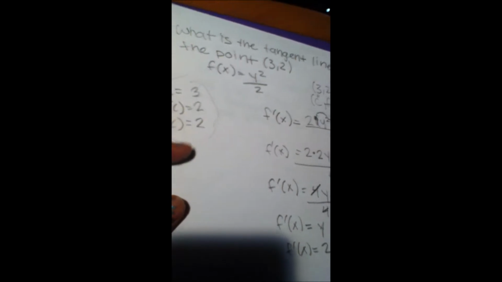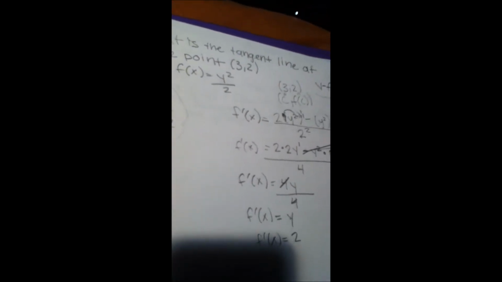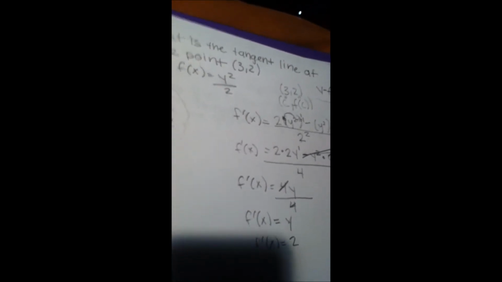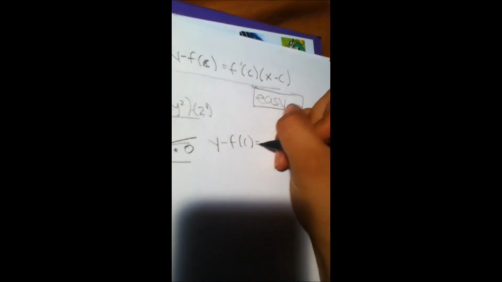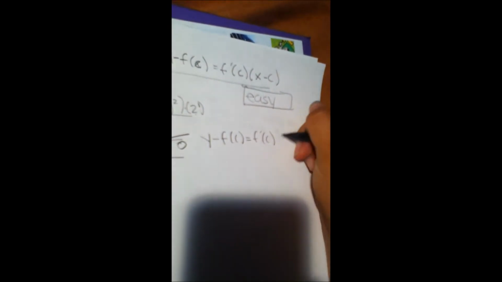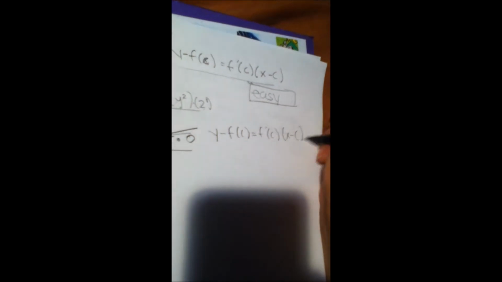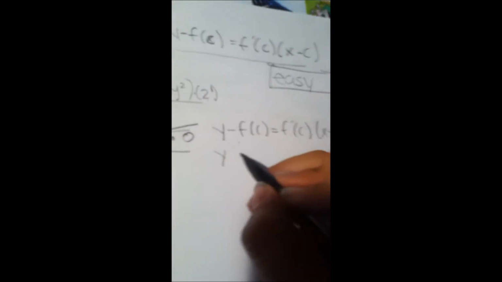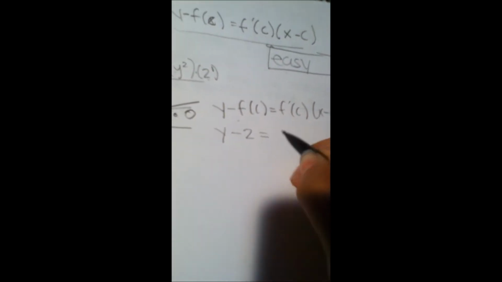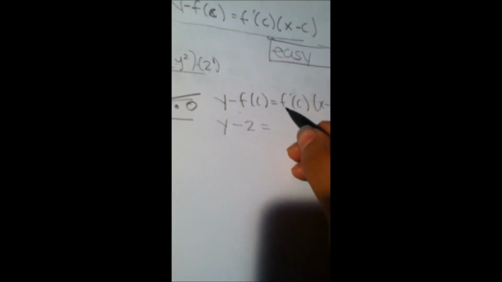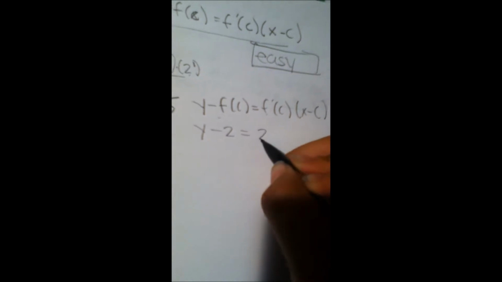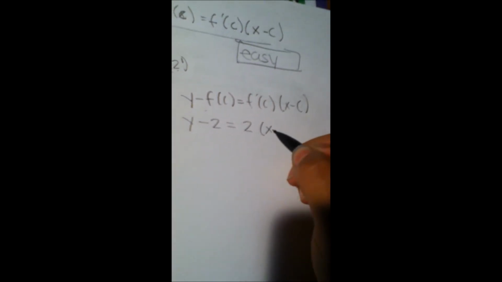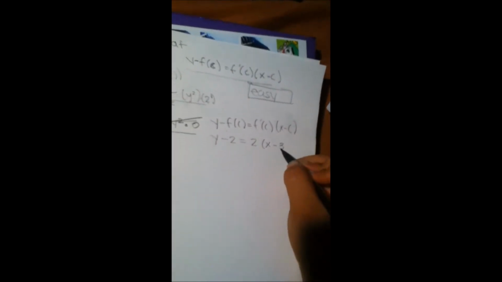When given the functions, we're going to plug into the equation that was given to us as y minus f of c equals f prime of c, parentheses x minus c. Minus f of c is 2. F prime of c is 2 times x minus 3.